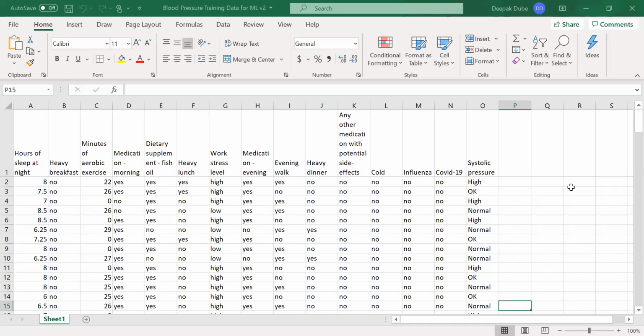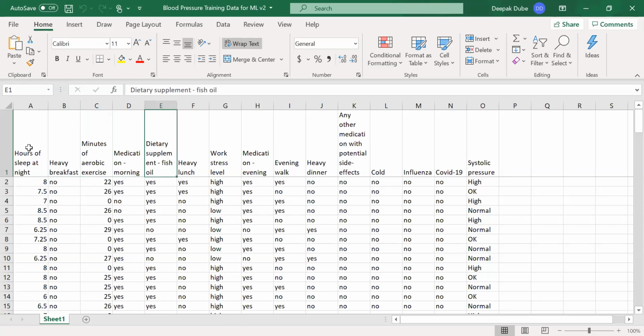For example, hours of sleep at night. Here's another input parameter: whether or not you had a heavy breakfast that morning. Here's a third one, minutes of aerobic exercise, and so on and so forth.